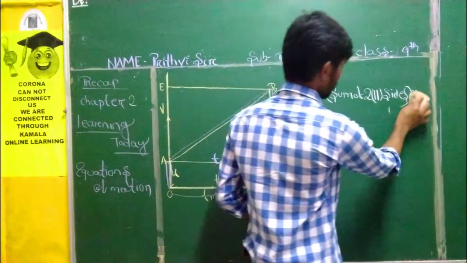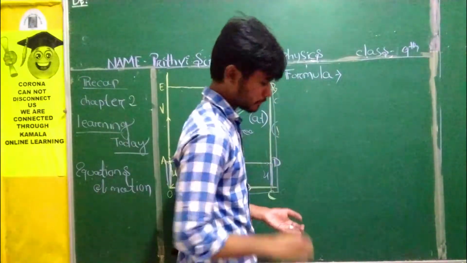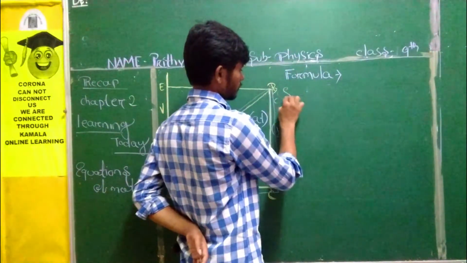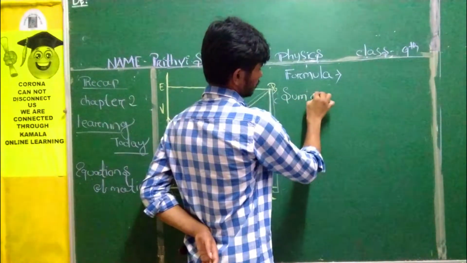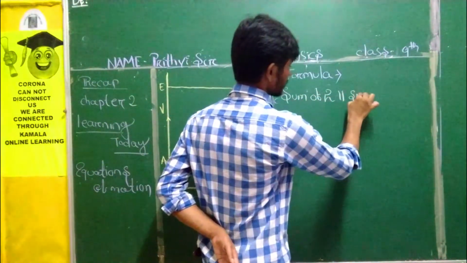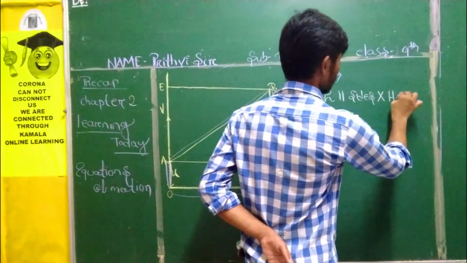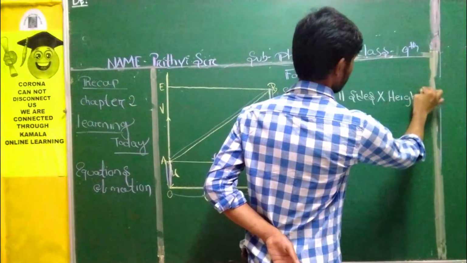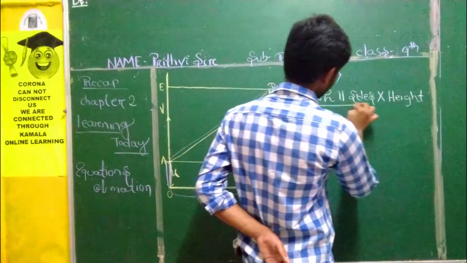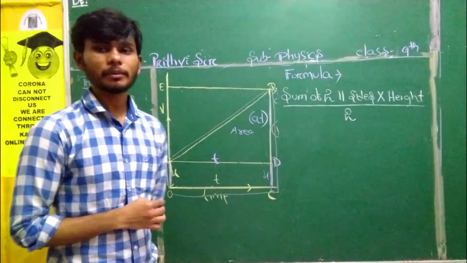Let me write it here. Sum of two parallel sides multiplied by height, whole divided by 2. This you need to remember.